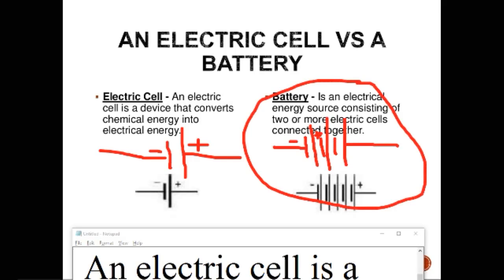In this, you have to tell how many cells. This is the one cell. Then here, how many cells? Tell me. Yes, Vaishnavi Shah, tell me.